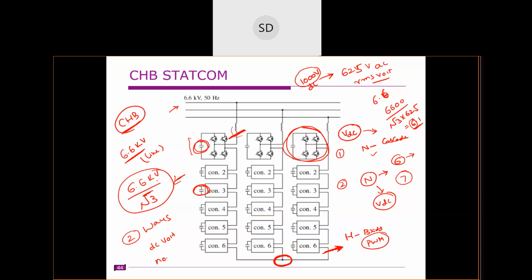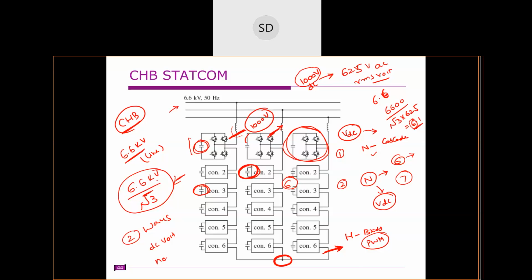So if you select 1000 volts for each DC source, you need to cascade 6 H bridges. The next step is to see the manufacturer data and what switches are available.